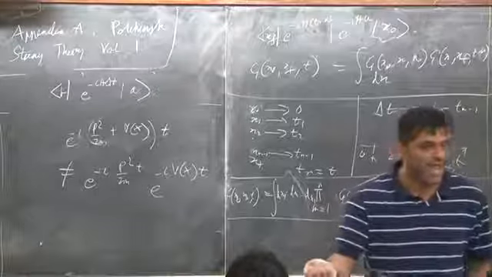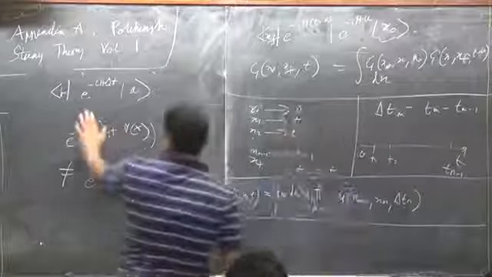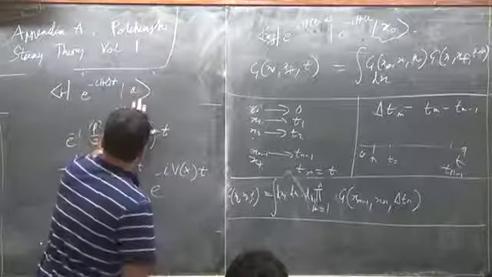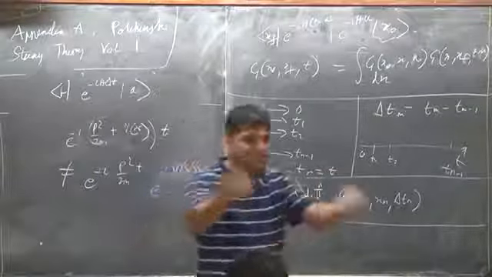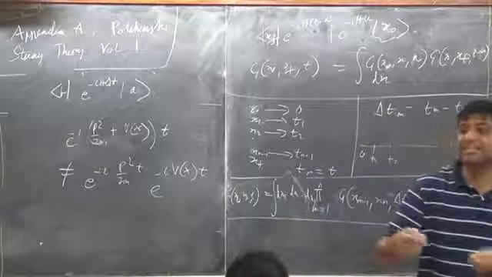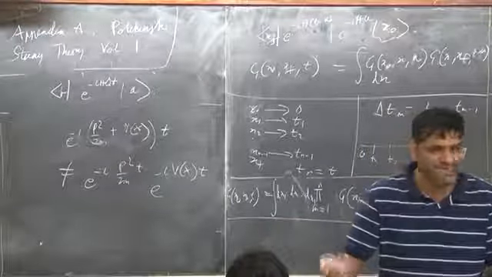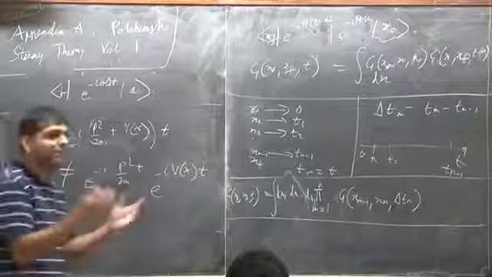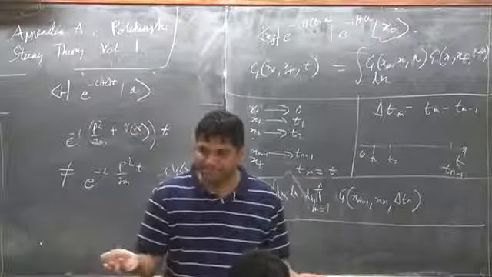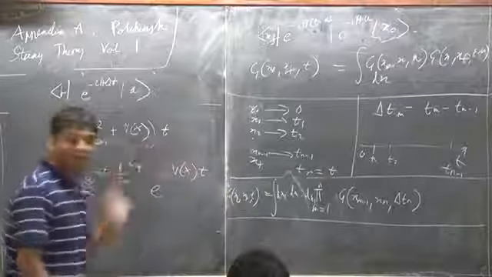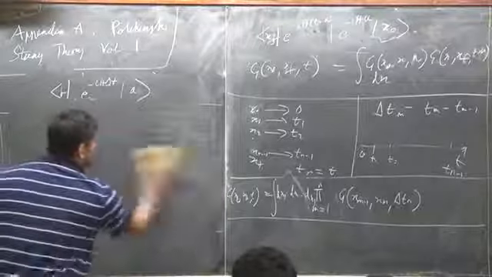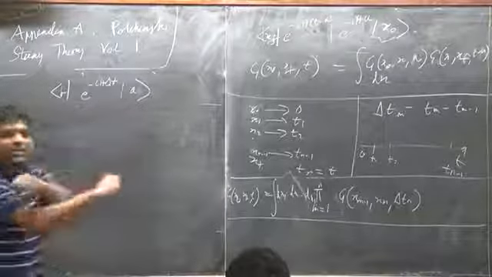However, if this t is infinitesimal, the lack of commutation is expressed by the Campbell-Baker-Hausdorff identity, and involves the commutator of p squared by 2m times t with V of x times t. The first correction involves that, and that's of order t squared. Okay? So if we're only keeping terms to order delta t, we can ignore the fact that these two operators do not commute. So you can write it as a product of two different operators, and you can write it in any order.